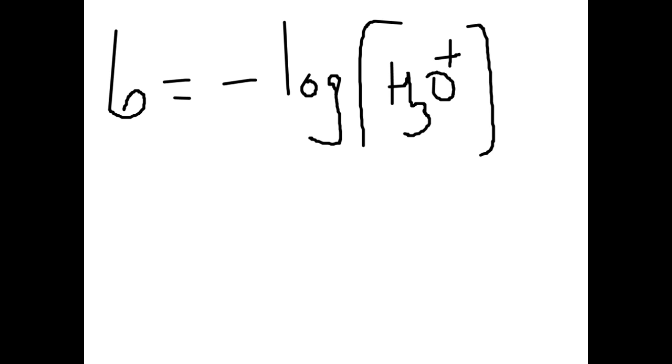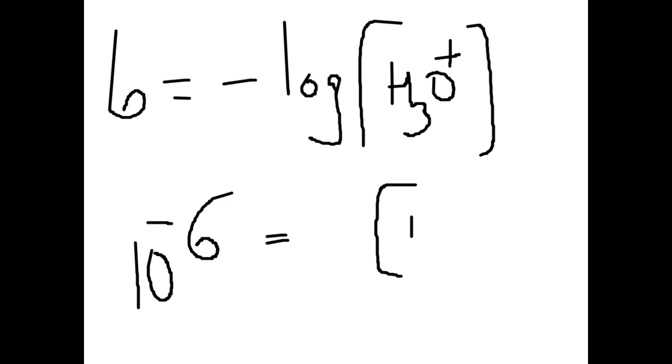The trick is, you take the negative sign to the other side, so you take negative 6, and you take 10 to the power of negative 6. That is what H3O plus is going to equal. Please don't divide both sides by log. It doesn't work like that. Did everybody follow? So the way we solve for H3O plus is take 10 to the power of negative 6.